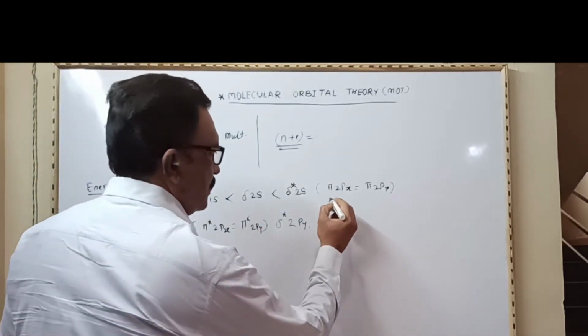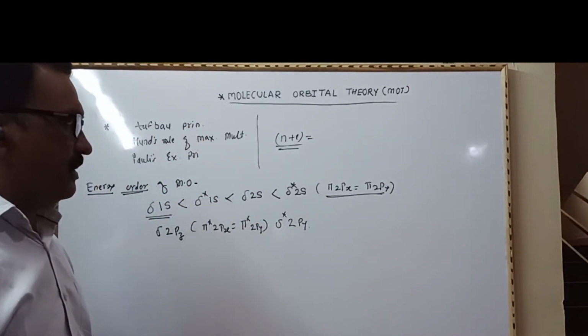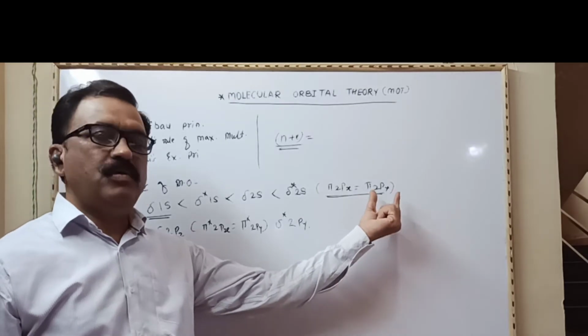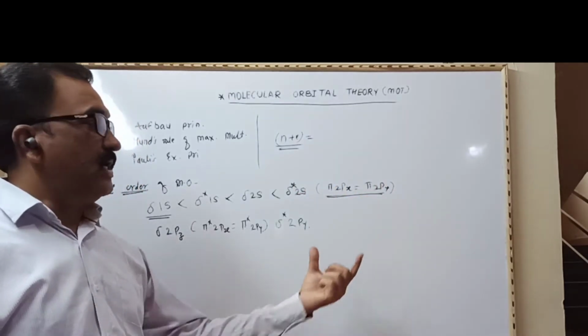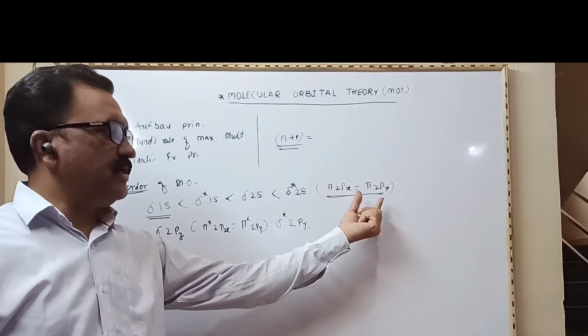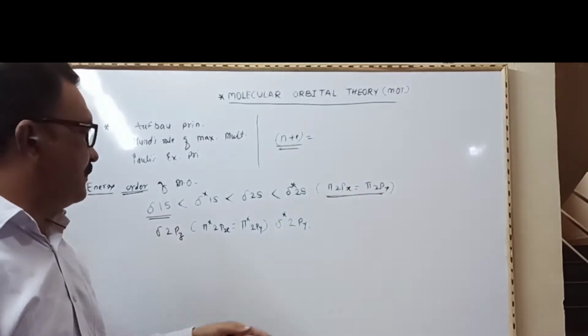Here, the two molecular orbitals pi 2px and pi 2py have the same energy. Pi 2px is equal to pi 2py, that is, they have the same energy.